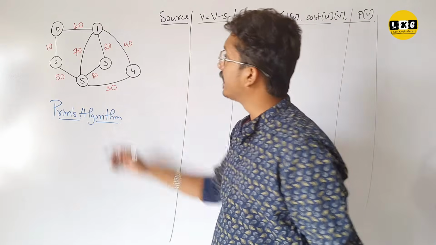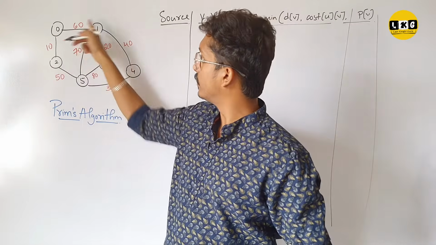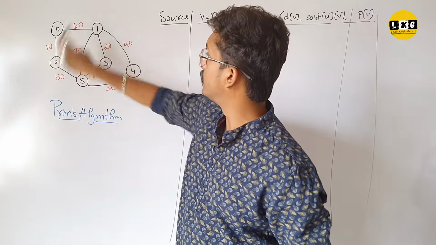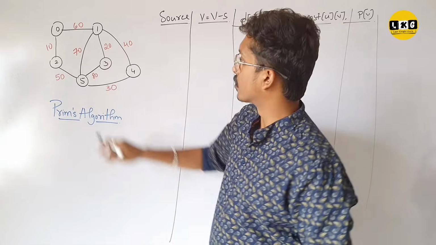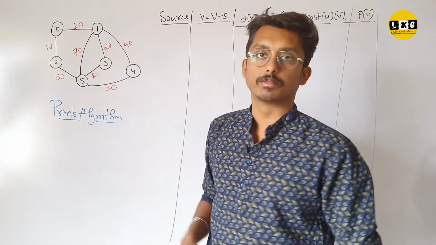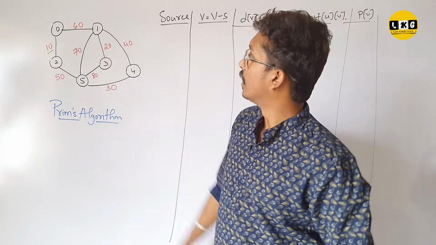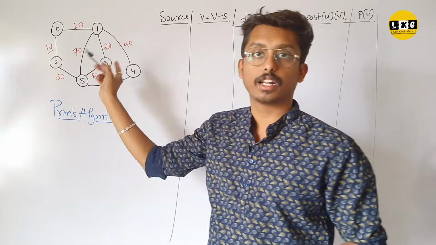The costs are the ones marked in our red marker. From 0 to 1 it is 60, from 0 to 2 it is 10, from 2 to 5 it is 50. Out of all these costs, 10 is the minimum. It is from 0 to 2 as well as from 2 to 0, because it is an undirected graph.